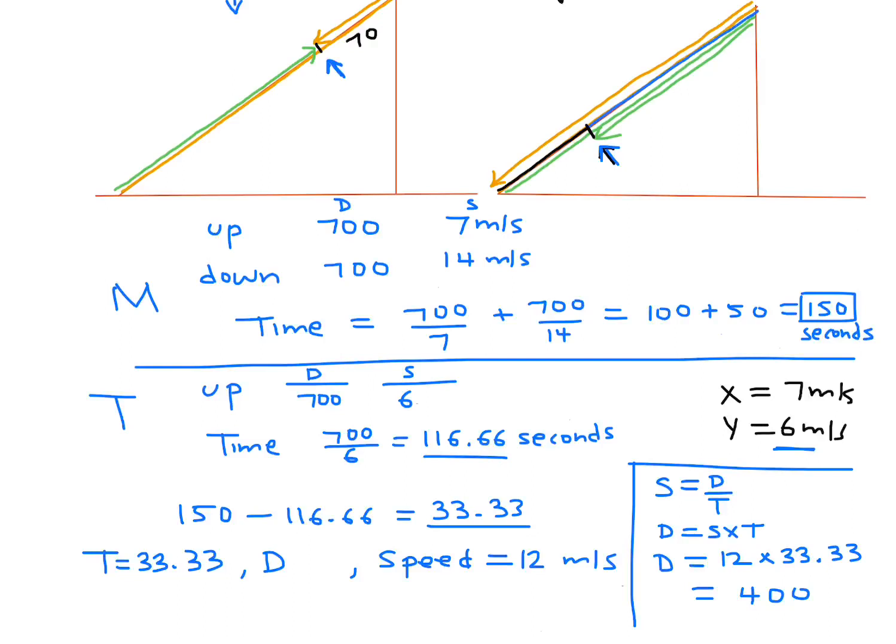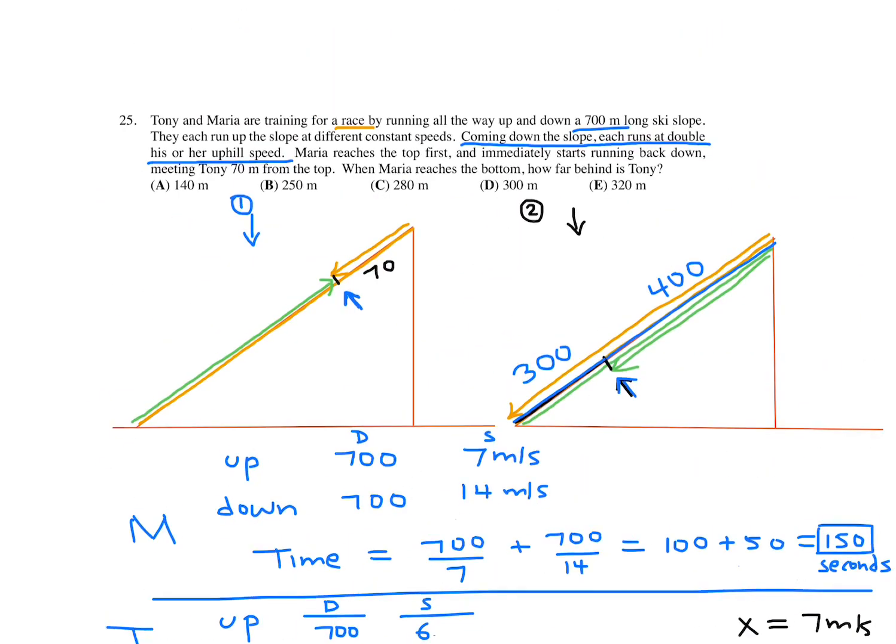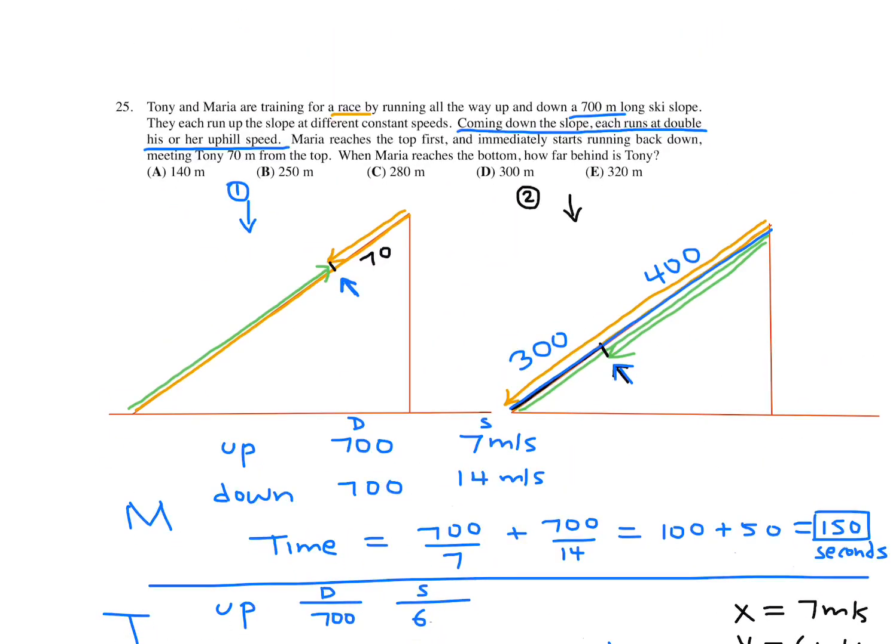But we want to find this distance. Well, the total distance of the hill is 700, so that distance is 700 minus 400, which is 300. So when Maria finishes this race, Tony is at this point, and that point is 300 meters from the bottom. And therefore, the answer for number 25 is D.